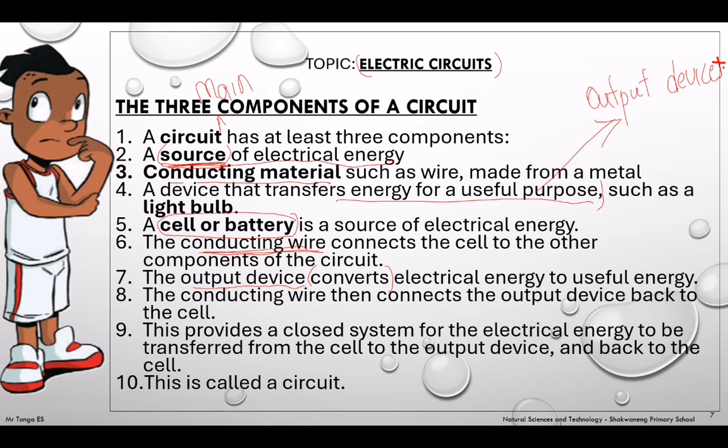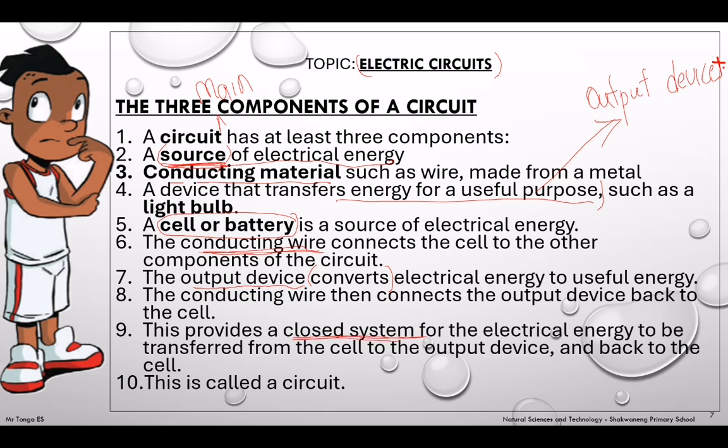So actually the conducting wire acts as a relay or the road, a means of transportation from where the energy is found to where it is needed. And this provides a closed system.